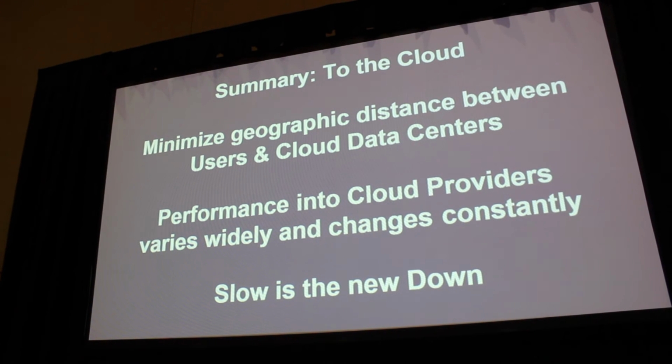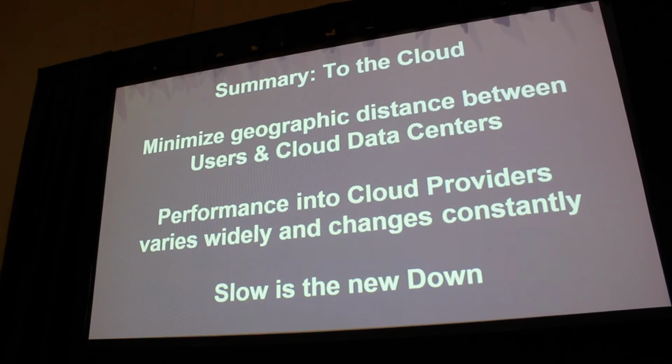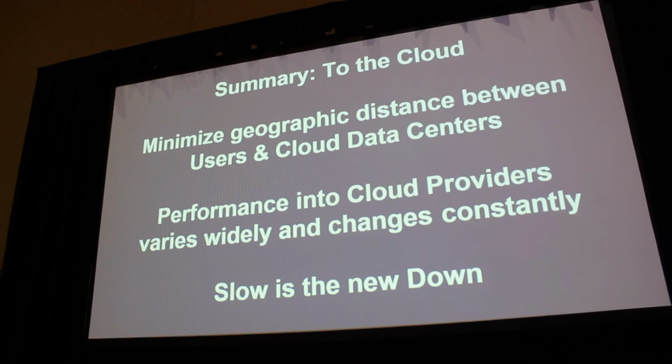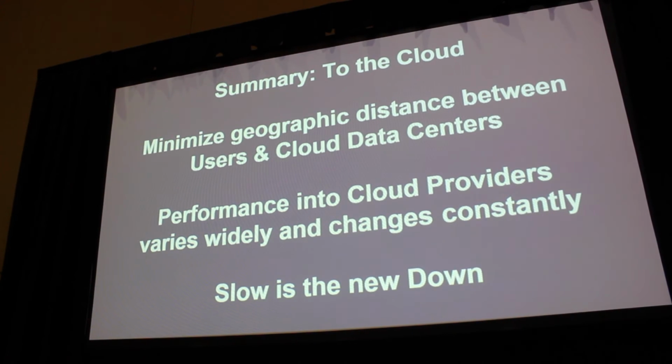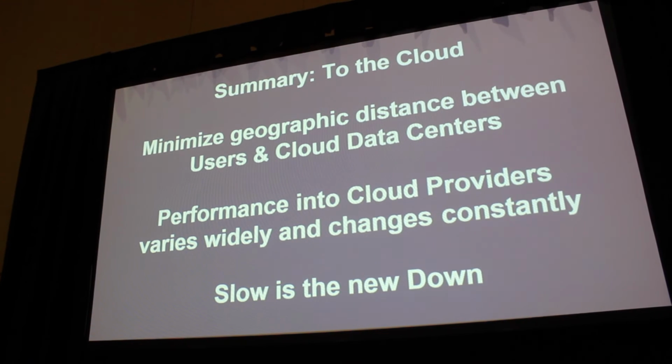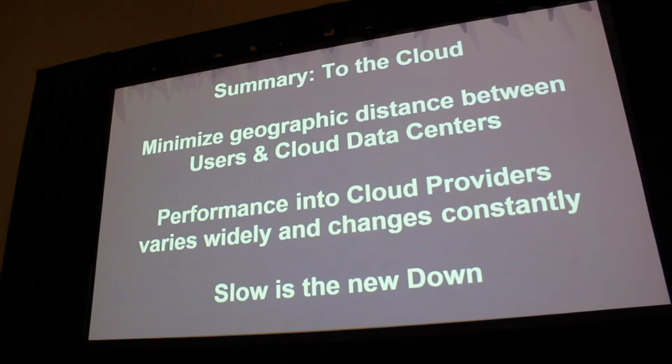It's 40 milliseconds to traverse East Coast to Europe. It's 40 milliseconds to traverse West Coast to Asia. So if you choose the wrong geographically distributed data centers, you can take something that's performing quite well locally and make it extremely painful for users if you choose poorly. The performance to cloud providers does vary widely.